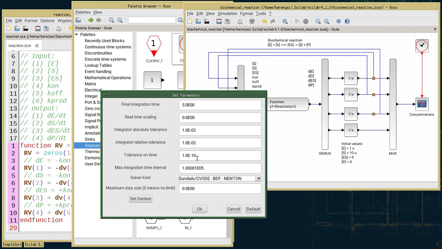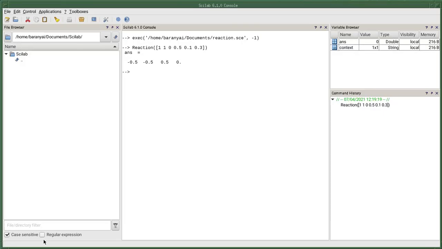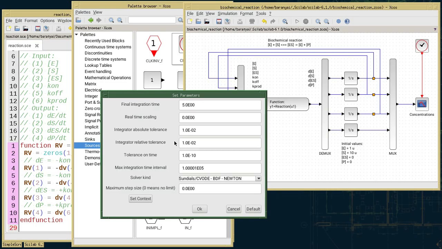I change the relative tolerance to the same value. The tolerance on time. Actually now the simulation will finish in 5 minutes. So if I am calculating everything on second basis, I think it will be far enough. So 1 second is how many minutes? 1 per 60, it is 0.01667.